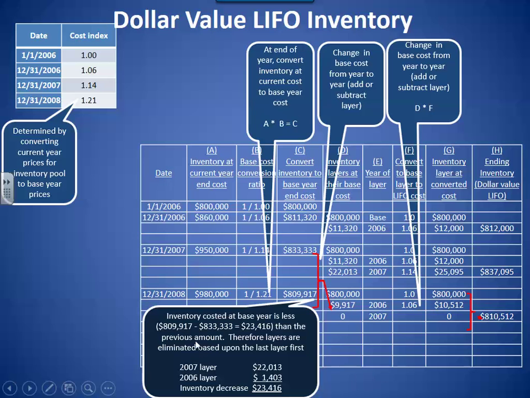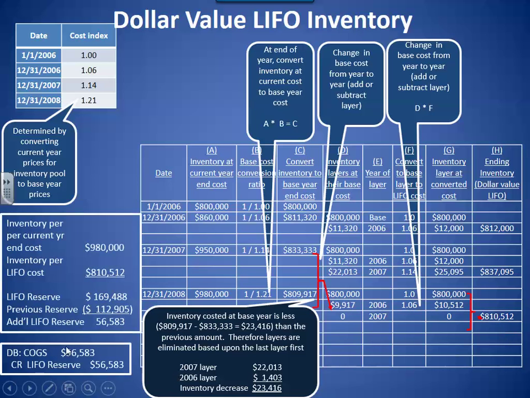Again, the inventory per our financial records shows a balance of $980,000. So we have to subtract out a certain amount of LIFO reserve in order to get to the $810,000. So again, what we see is our inventory per our current year-end cost is $980,000. We need to reduce our inventory to $810,512.